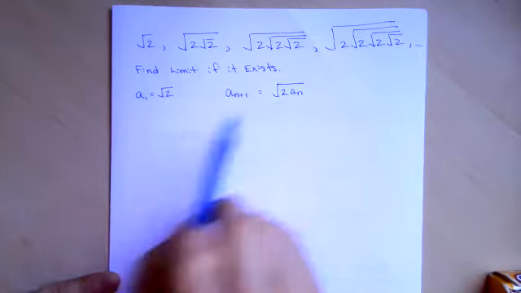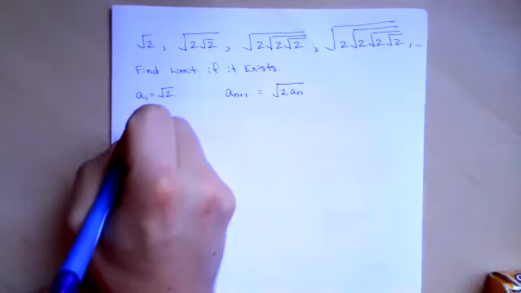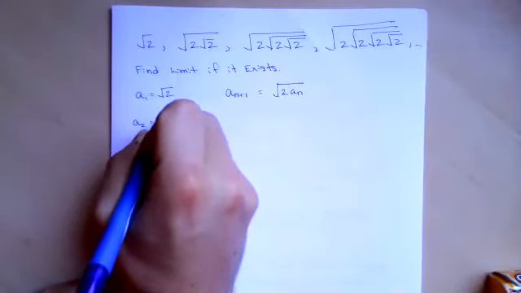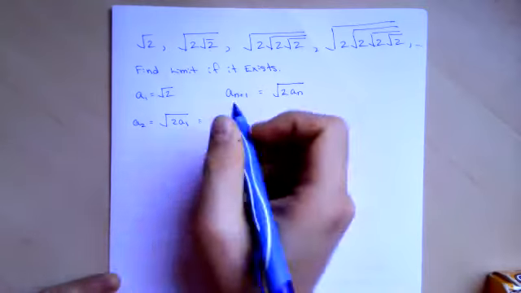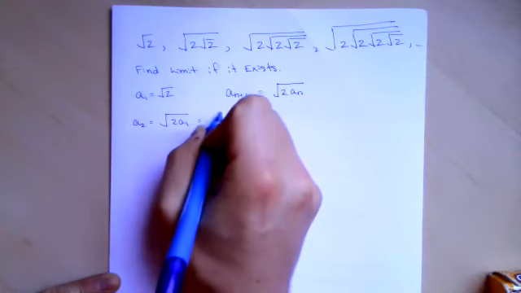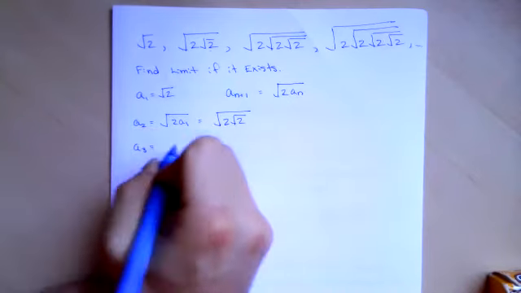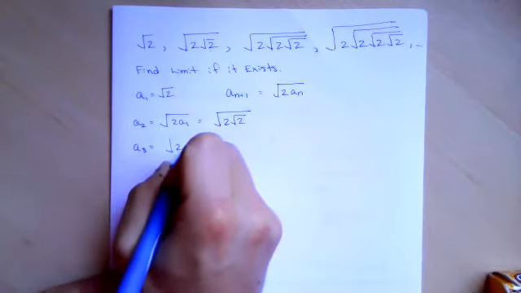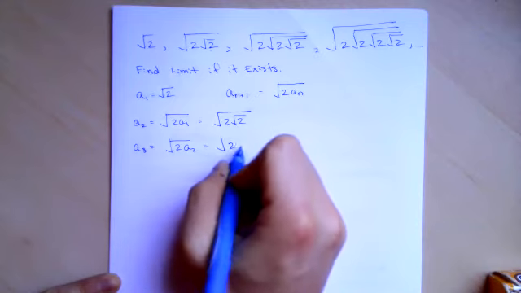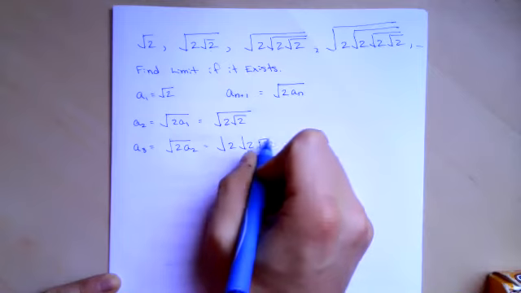So let's check. Should that work? If that's my A1 and this is my formula, what should A2 be? A2 should be square root of 2 A1, which is square root of 2 times the square root of 2. A3 is square root of 2 times A2, which is square root of 2 times square root of 2 times the square root of 2.